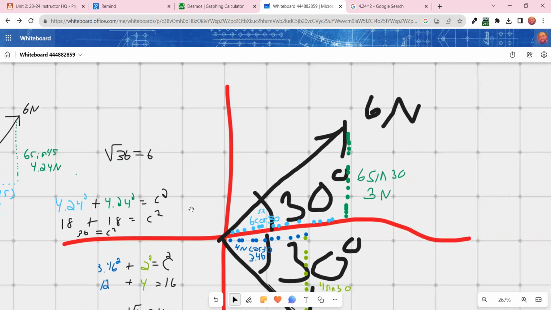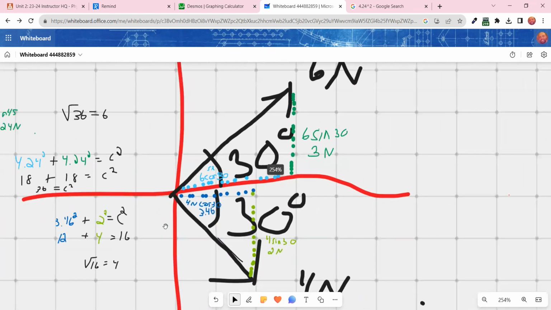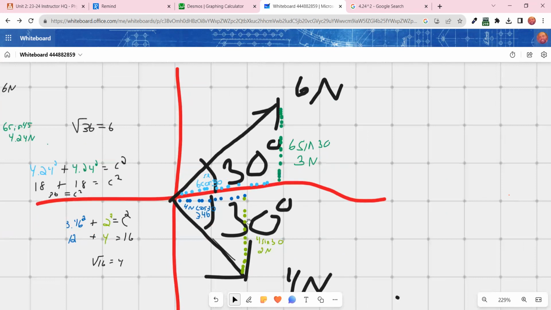All right. So let's take it back to the original question. How do I add these two vectors, 4 newtons 30 degrees below, and 6 newtons 30 degrees above? I break it down into its x and y components for both. And I have an x component and an x component. Remember what I said at the beginning? If they're on the same axis, we can add them up directly.